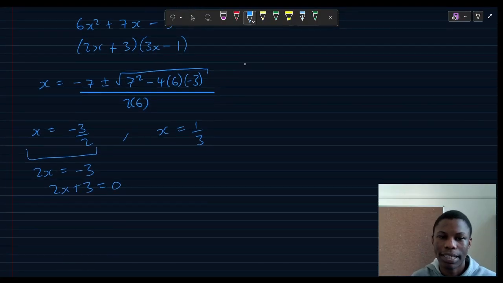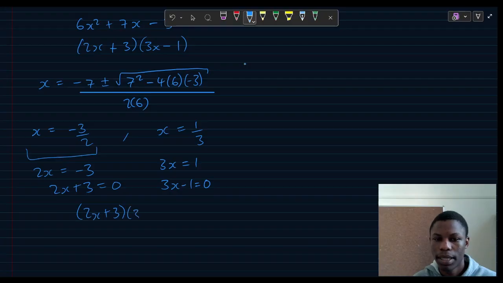For this one, do the same thing, get rid of the denominator, multiply both sides by 3, you get 3x is 1, and then you end up with 3x minus 1 is equal to 0, and then just put the 2 together, 2x plus 3 multiplied by 3x minus 1, that's your factorization as above.